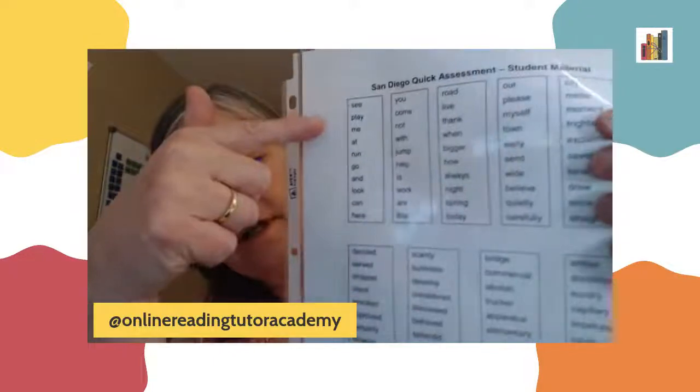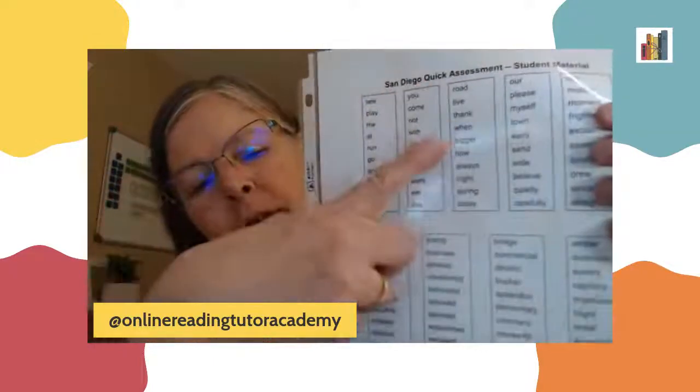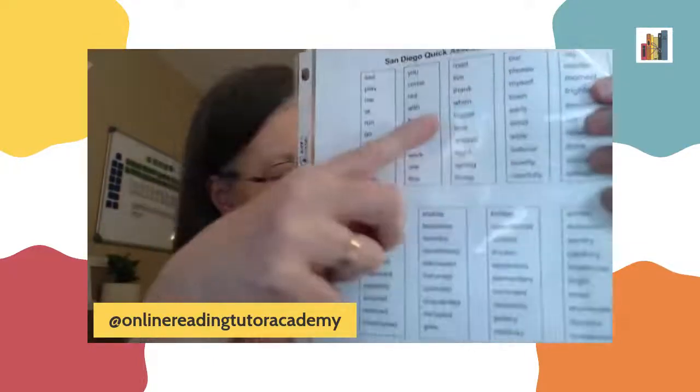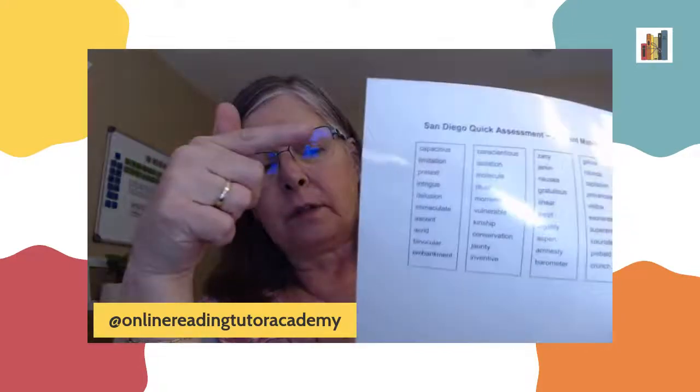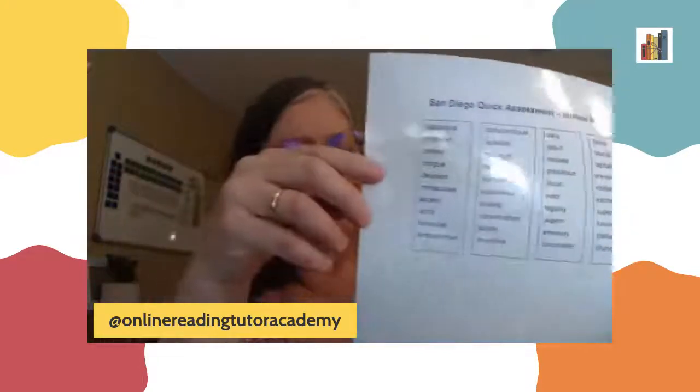The San Diego Quick Assessment of reading ability has just words that are listed. If they can read a certain level of words, then the test is graded from primer to grade 11. So you could almost use these as well.